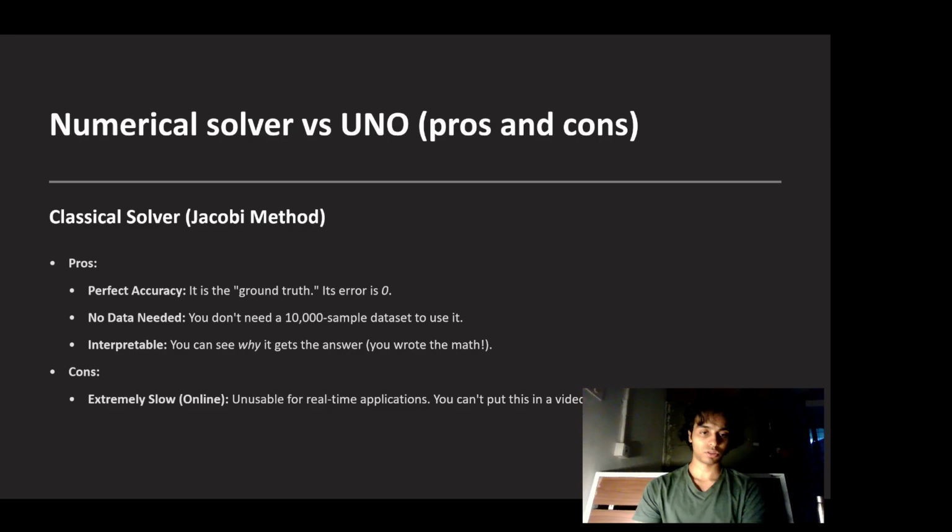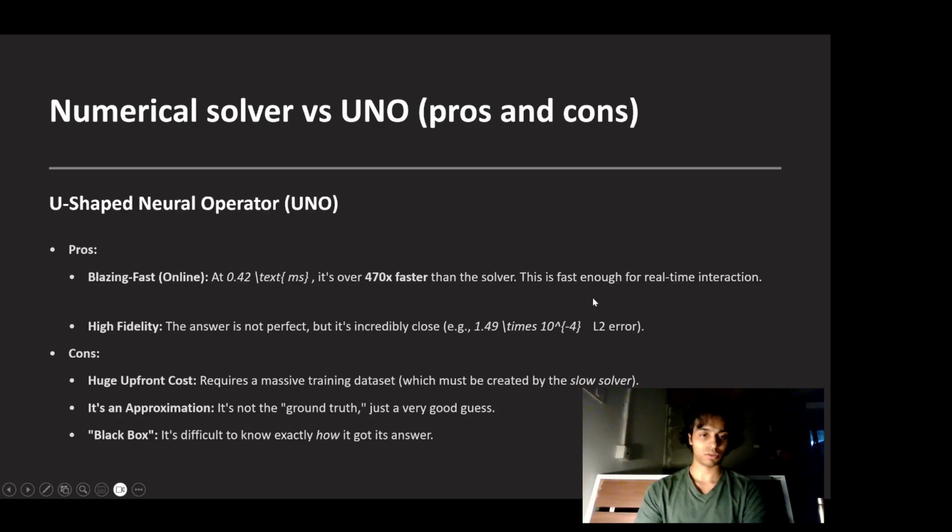So now, pros and cons. Right? The classical solver can never be wrong for the most part. While it is converging to a correct solution, if you let it go for enough number of times, it will converge to the solution required. There will never be an issue, right? However, it's extremely slow. So it's perfect, but it's slow.